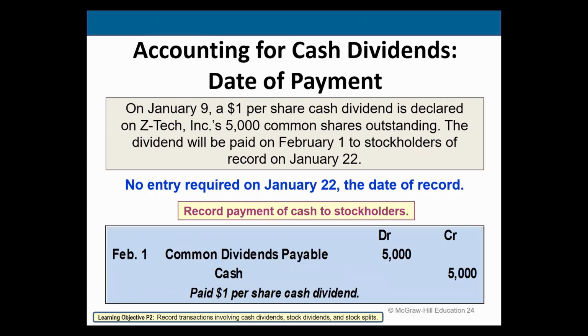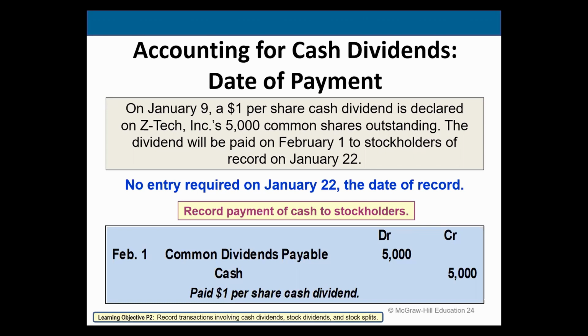Now, there is no formal journal entry needed for the date of record. We said the date of record was the 22nd, so we would pay the dividend to all the people that owned shares of stock on the 22nd. We're not going to have to do any kind of journal entry for that.